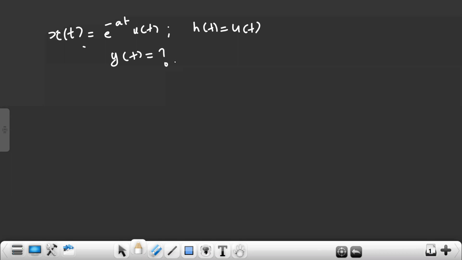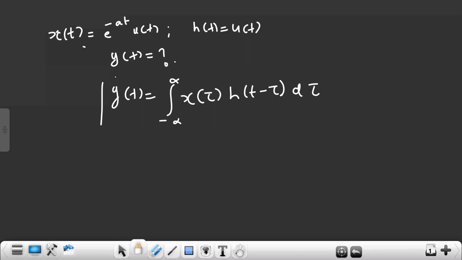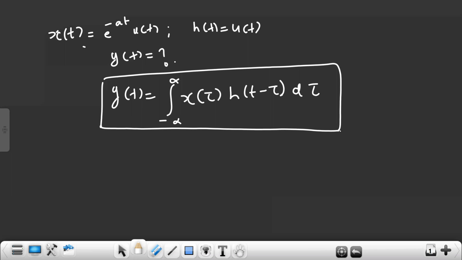The equation for y of t will go like this: integral from minus infinity to infinity of x of tau into h of t minus tau d tau. This is the equation for the convolution integral, so that we will get the output y of t. After observing this equation, it is understood that the output is a weighted superposition of shifted impulse responses, isn't it?